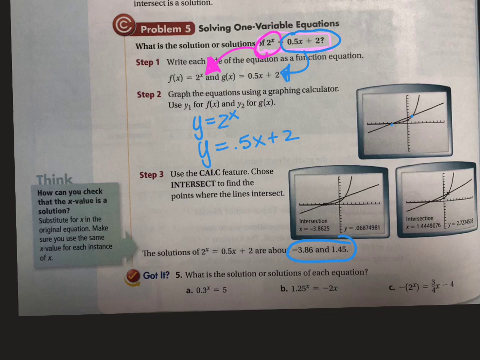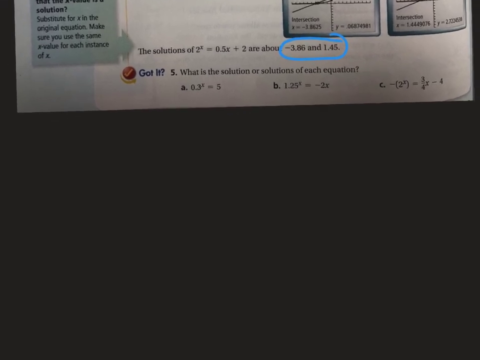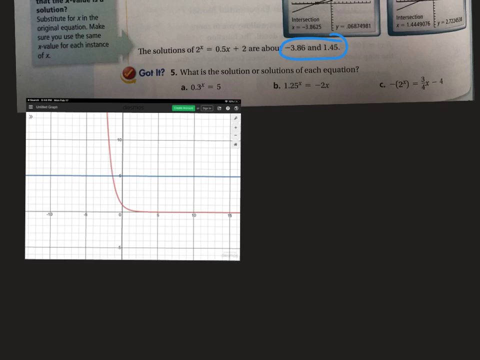We're going to take a look at these bottom ones. So for the first one, you have 0.3 to the x equals 5. So what I did was I used Desmos, and the blue line is y equals 5, and the red line is y equals 0.3 to the x power.